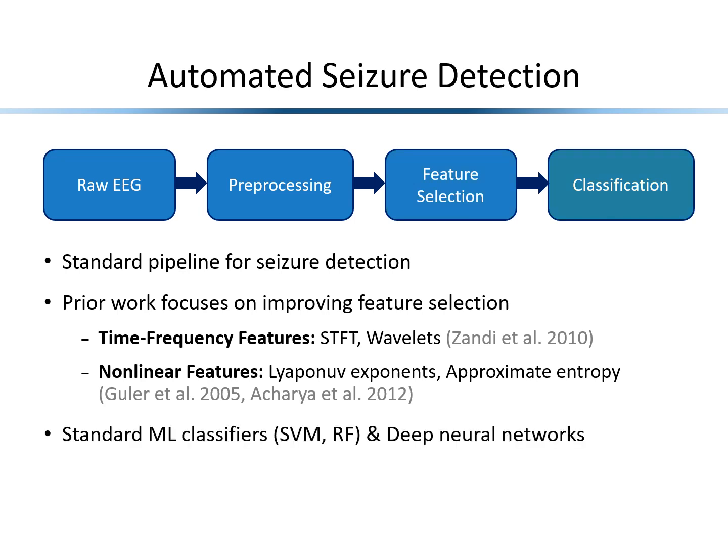Finally, the last step is to classify each time window as either baseline or seizure, thus providing temporal information about the seizure onset and offset. Prior work has explored both conventional machine learning classifiers as well as end-to-end deep neural networks. But what's pretty striking is that despite the wealth of research, these detection pipelines are not robust to patient heterogeneity, and as a result, they've made limited impact on the standard clinical workflow.